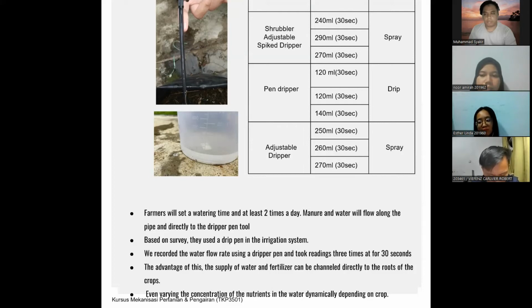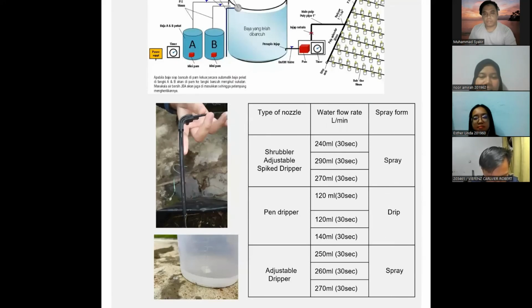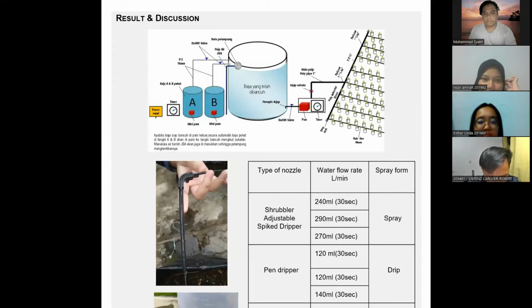Okay, next is the secondary line. Secondary line usually has a diameter between 32 millimeter and 40 millimeter. Okay, the last component is the filter.